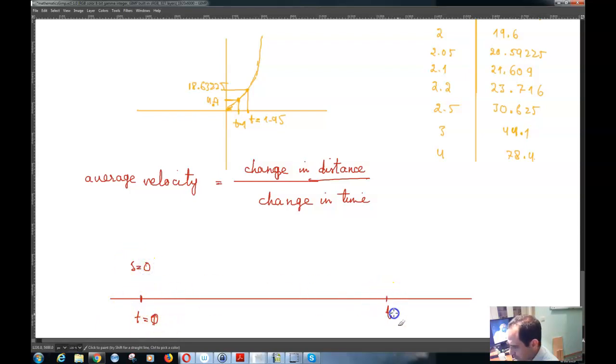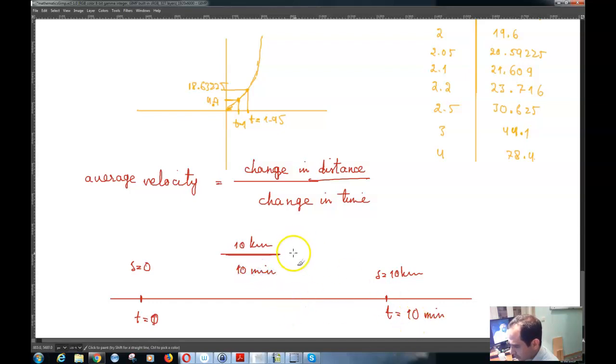When your t is equal to some value like 10 minutes, then the car is at this position, for example, s is equal to 10 kilometers. So naturally, you would say that the car has covered this distance of 0 to 10 kilometers, which is 10 kilometers, in a time frame of 10 minutes.